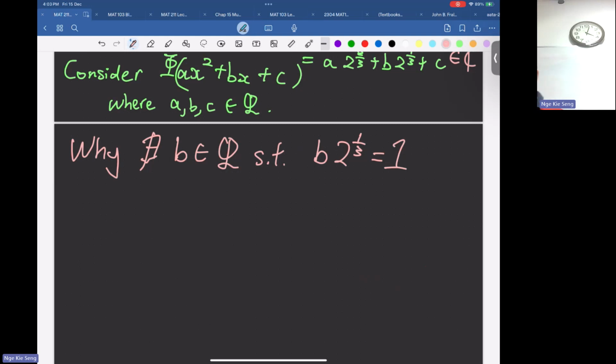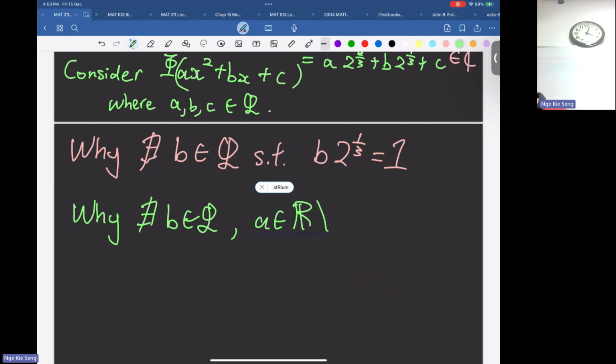Okay, let me do it more generally. So why there doesn't exist B in Q such that, for A in this one, throw away this. Not that, this one is a bit different, I go in this way. This one is thrown away, and the other way is quotient.